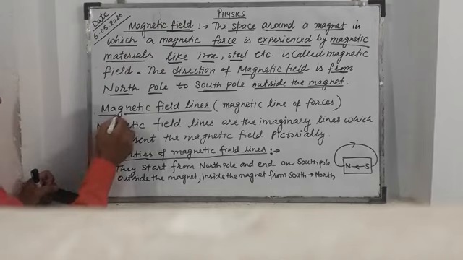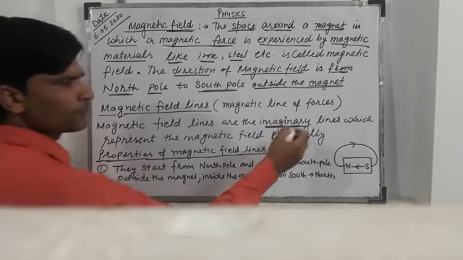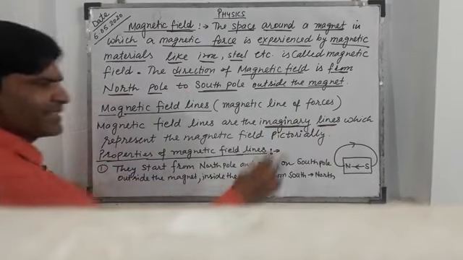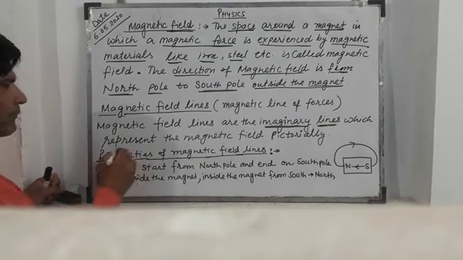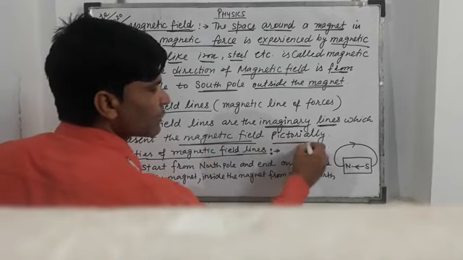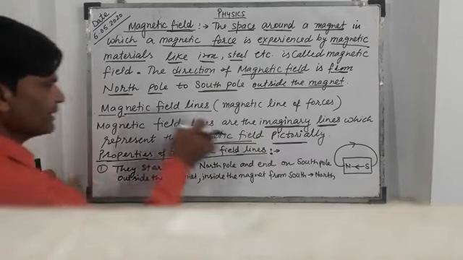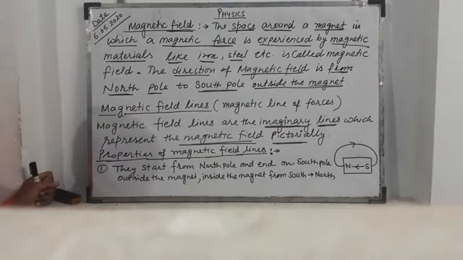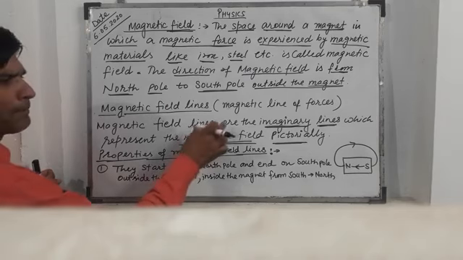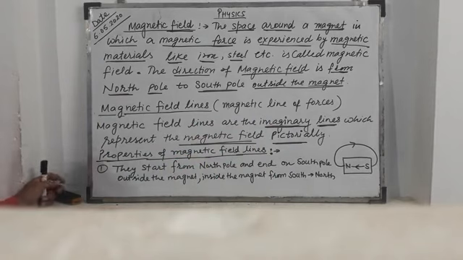So magnetic field lines are imaginary lines which represent the magnetic field pictorially, just as we are represented by our photograph.